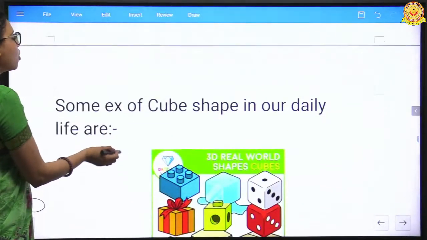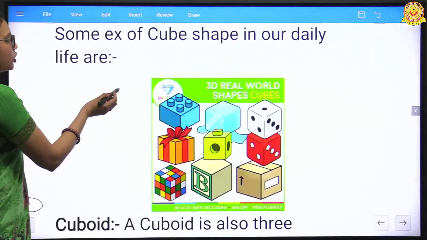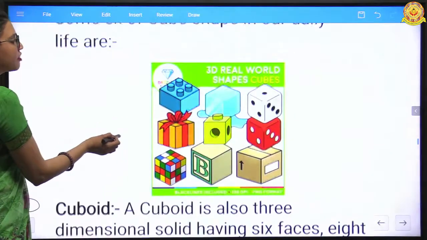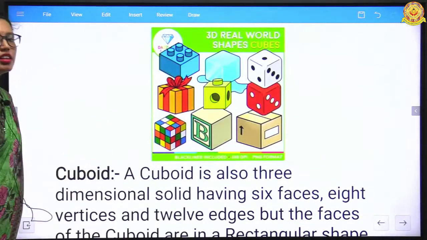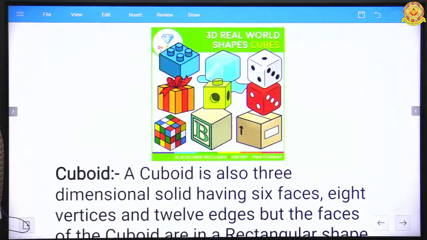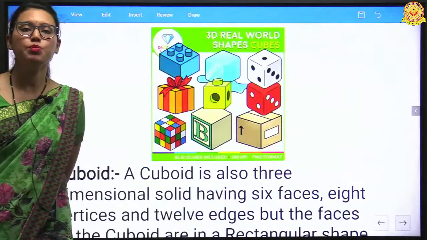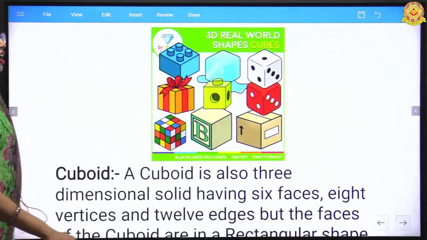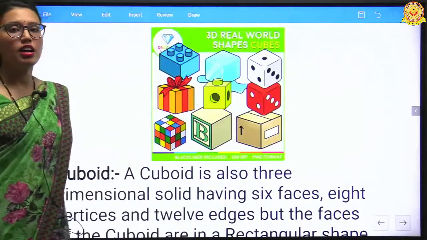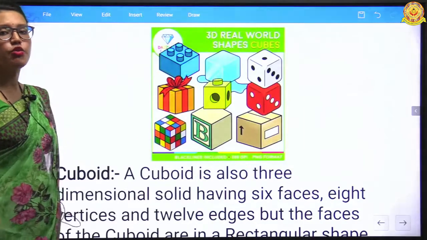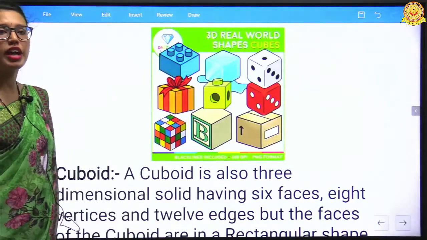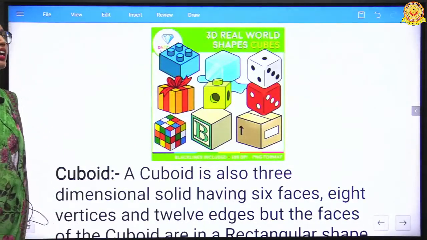Let's take a look at some examples of cube shapes in our daily life. If you ever play with a puzzle, you will see it is a cube shape. If you ever saw an ice cube, it is also in a cube shape. If you ever played Snakes and Ladders, you will see the dice of that game also looks like a cube.